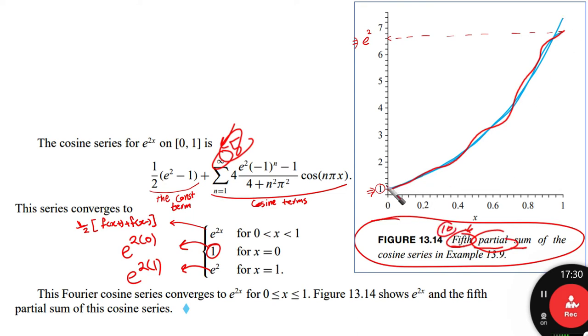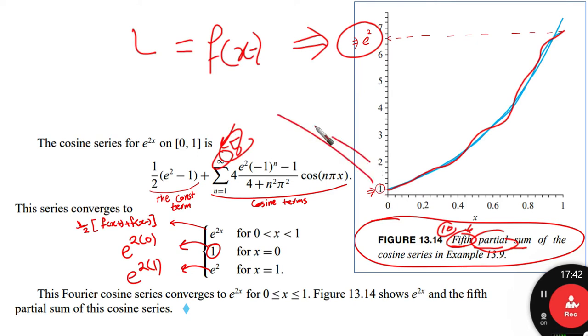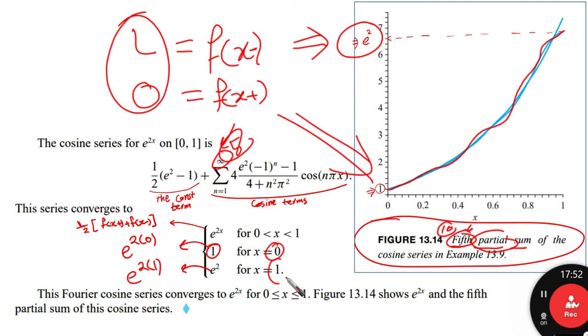Okay, so as we can see here, the Fourier series converges to e squared when we are talking about f of x from the left at L, and it converges to f of x from the right when our limit is 0. These are the limits that we have at 0 and 1.